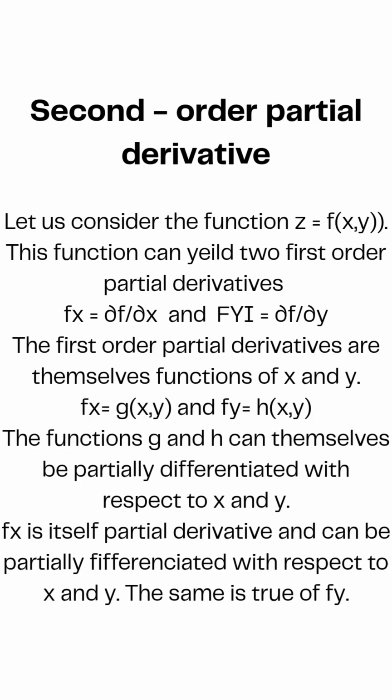The first order partial derivatives are themselves functions of x and y, that is, fx equals g of x, y and fy equals h of x, y. Now the functions g and h can themselves be partially differentiated with respect to x and y. That is, fx is itself a partial derivative and can be partially differentiated with respect to x and y. The same is true for fy too.